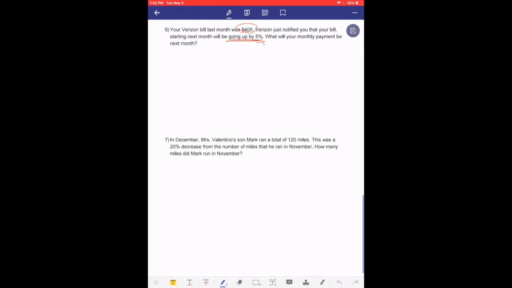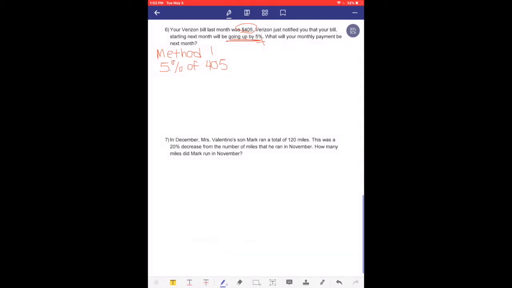So we're going to do both methods again. However, you only need to do one, really, to get the answer and for your test. So for method one, first I'm going to find 5% of 405. So that 5, there was a decimal place, it would be after the 5.